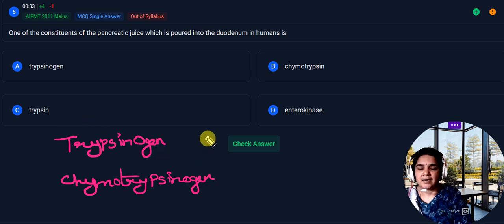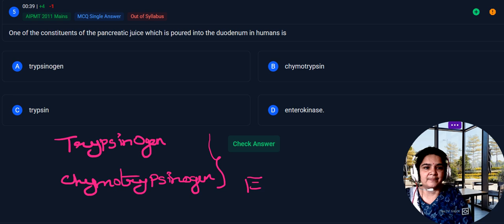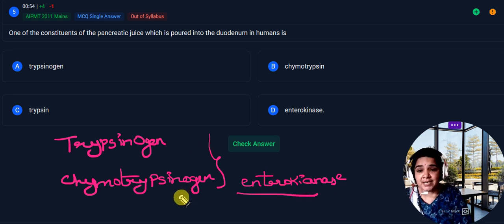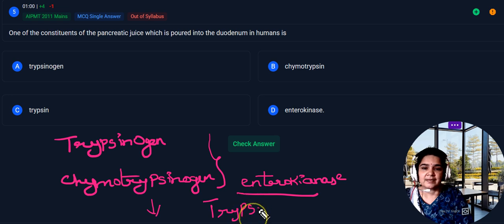So these two will be activated by the enzyme which is called enterokinase. So enterokinase activates trypsinogen and chymotrypsinogen into active forms, that is trypsin and chymotrypsin.